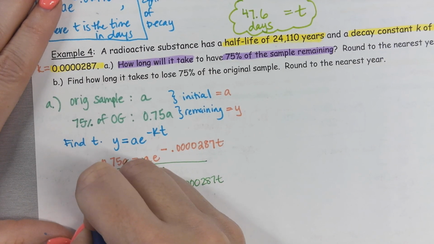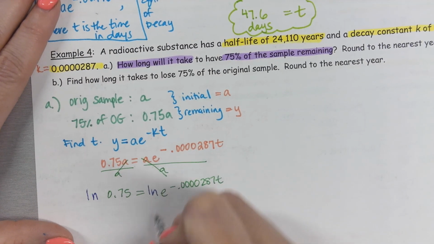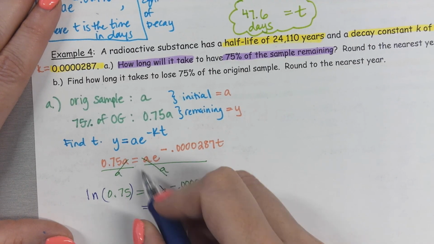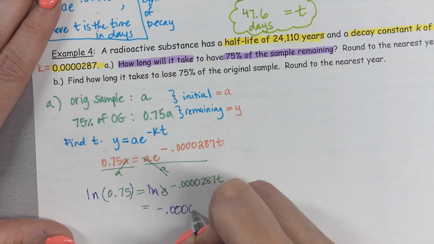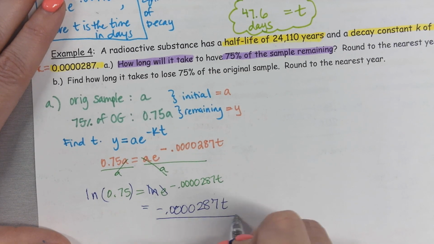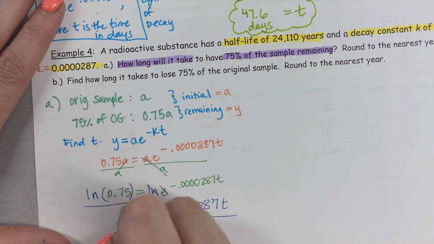All right, we know when we get E by itself, we got to bring in that natural log. So the natural log undoes this value. And then we just have to divide by the value in front.